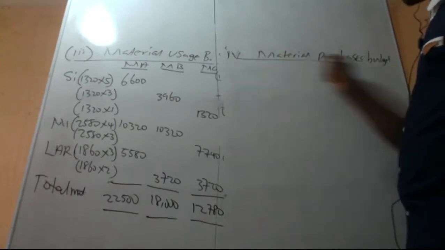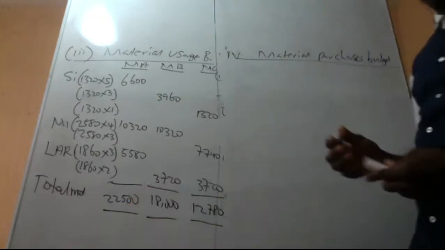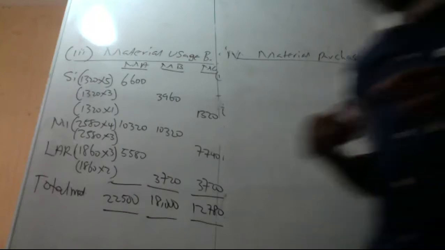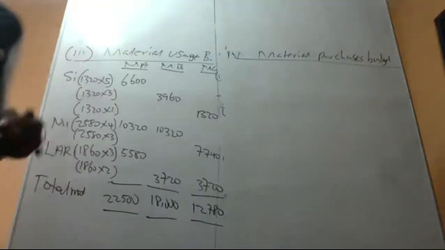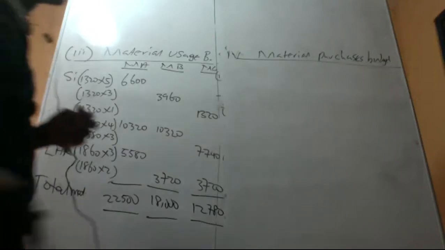Now that you said you need 22,500, how many of these do you have to go and buy? Do you have to go and buy all of them? So take notes of that.